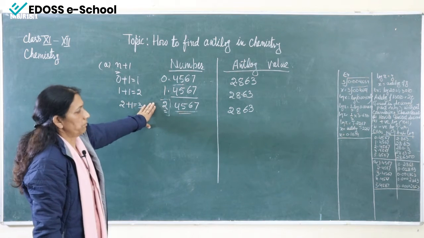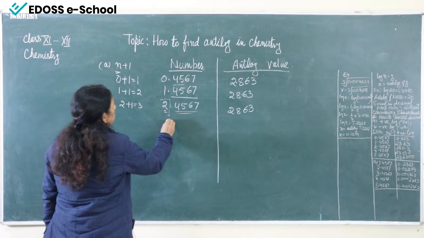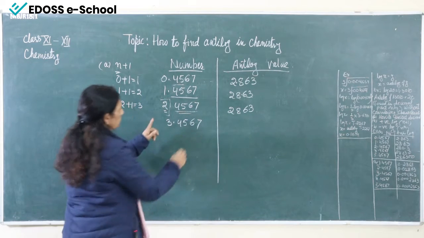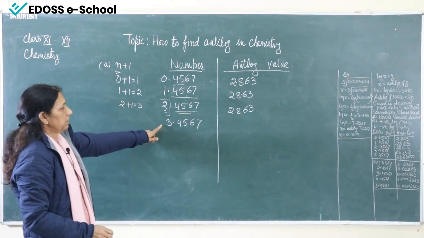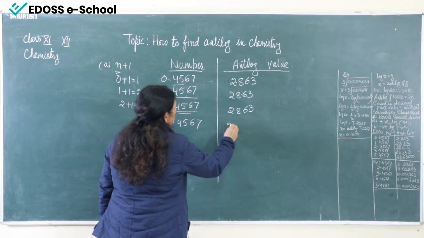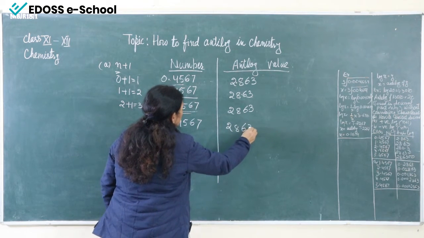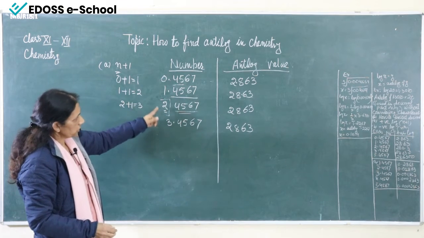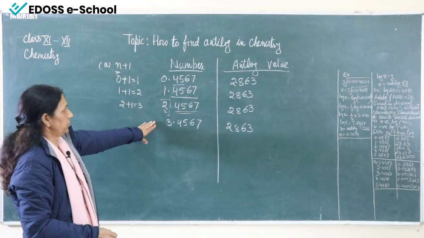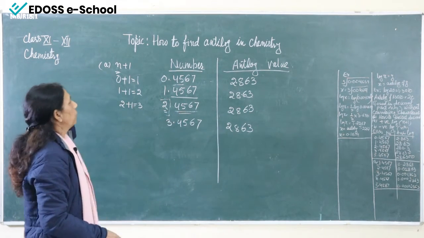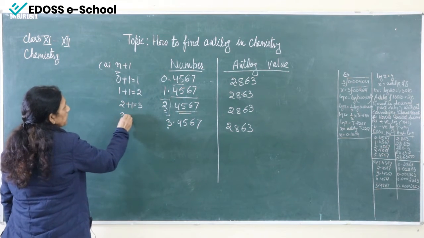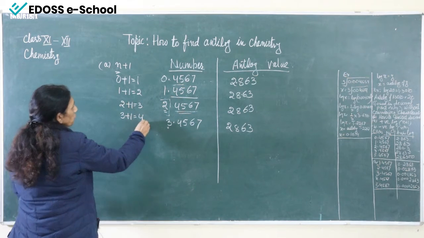Now, in the same number, suppose the number is 3.4567. You know, the anti-log digits will be the same, 2863. The anti-log will not change. Only the position of the decimal will change. So, this is 3.4567. That means n is equal to 3, plus 1, this is equal to 4.